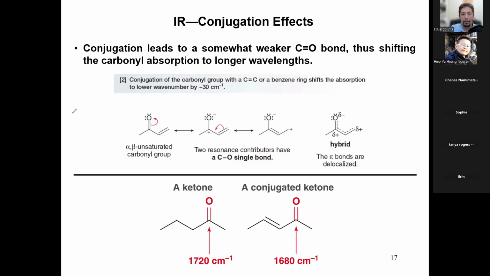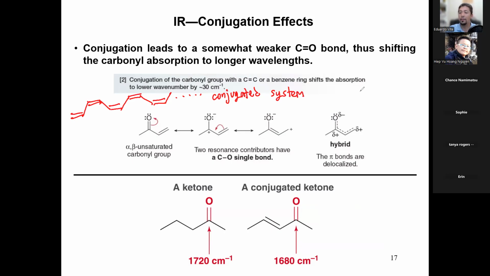If you have a double bond followed by a single bond, followed by a double bond, followed by a single bond, and so on, ad infinitum, forever and ever, as long as you have that condition of alternating single double bonds, that is called a conjugated system.